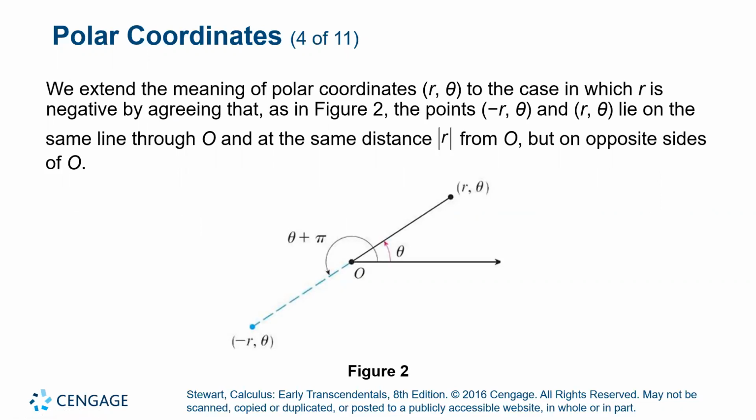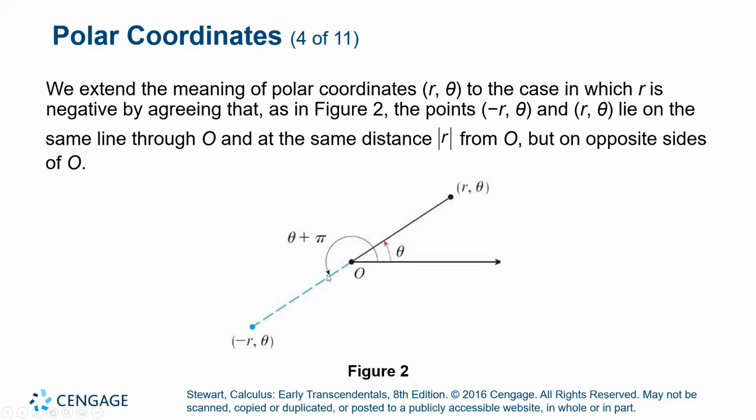So what if r is negative? When r is positive, we have an angle theta and a positive r that goes out to reach the point P. If r is negative, it is on the same line, but in the exact opposite direction, which makes the theta look different, and it is by a factor of pi.